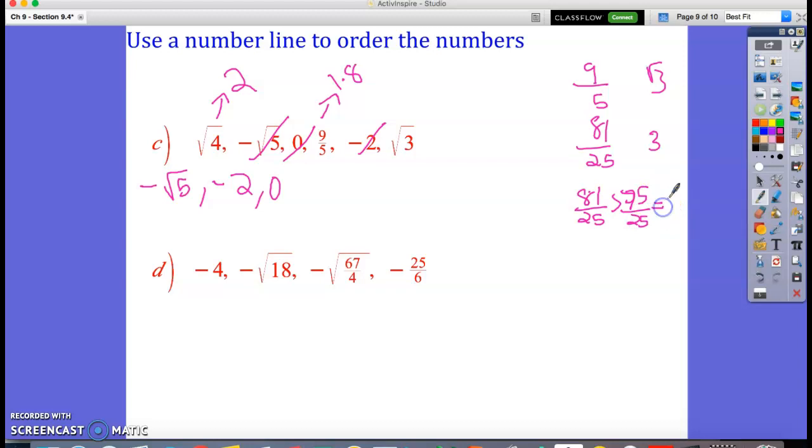So this is greater than 3, right? So square root of 3 is less than 9/5. So this will be square root of 3, 9/5, and square root of 4.